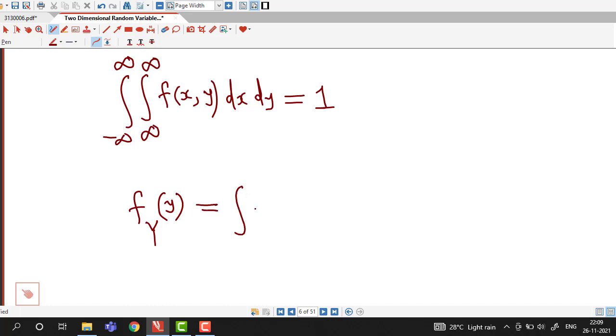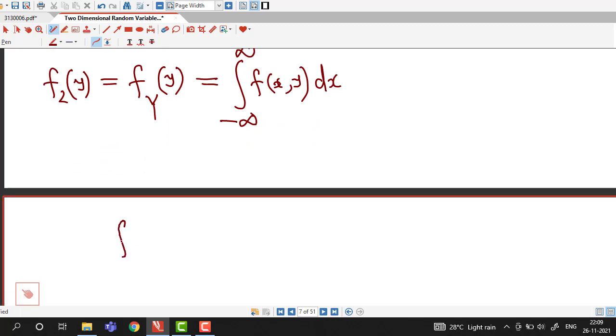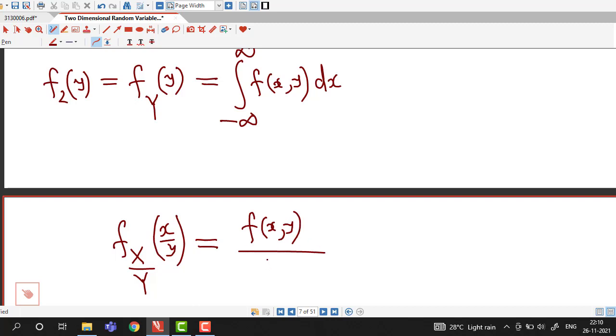We know that marginal density of y is given by integral of joint density with respect to x over all possible values of x, and this we have denoted by f2y. Also we have used the definition of conditional density of x given y equal to y. We have used this definition, fxy divided by marginal density of y.